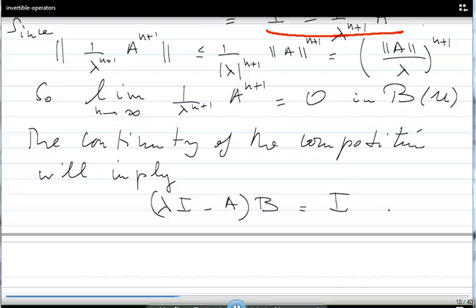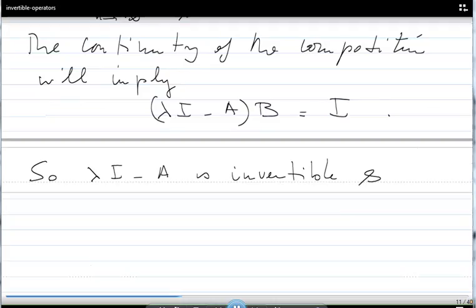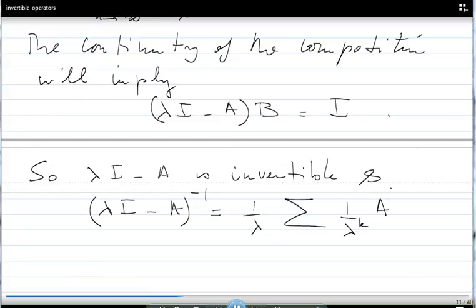Okay, so this tells us what? That, conclusion, lambda I minus a is invertible, so it is a bijection, and its inverse, lambda I minus a inverse, is equal to B, equal to 1 over lambda sigma 1 over lambda to the power k, a to the power k, from 0 to infinity.